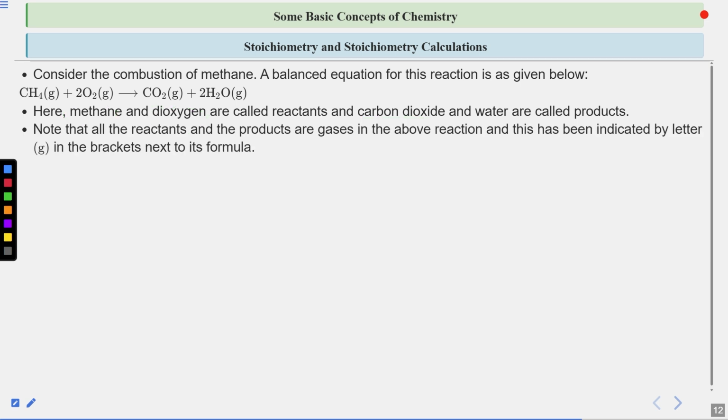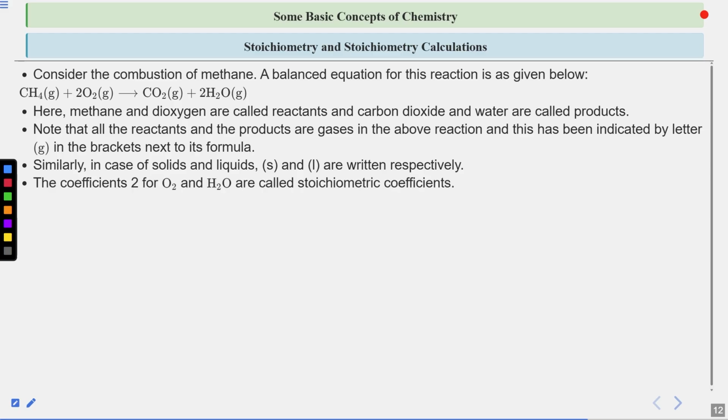Now, this (g) in the brackets represents their state. And if we have (s) and (l), then they would represent solids and liquids. Now, we can say from this equation very well that O2 has a coefficient of 2 and H2O has a coefficient of 2, whereas the methane and the carbon dioxide have a coefficient of 1.